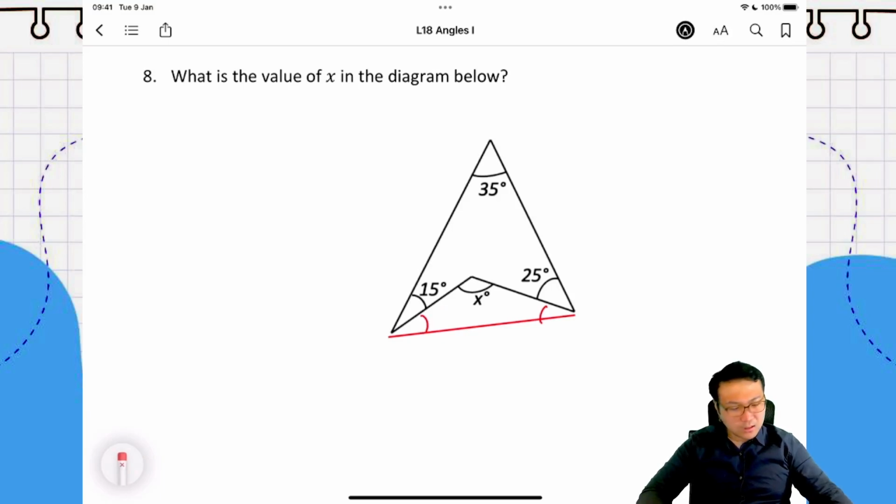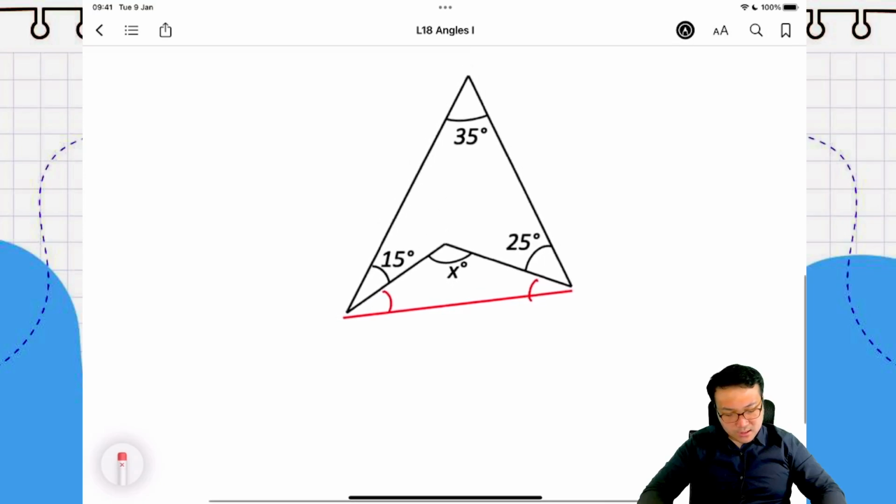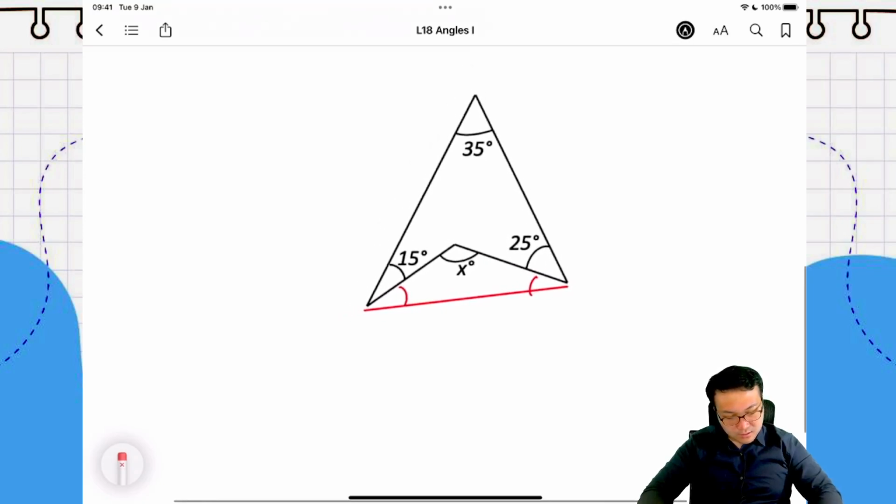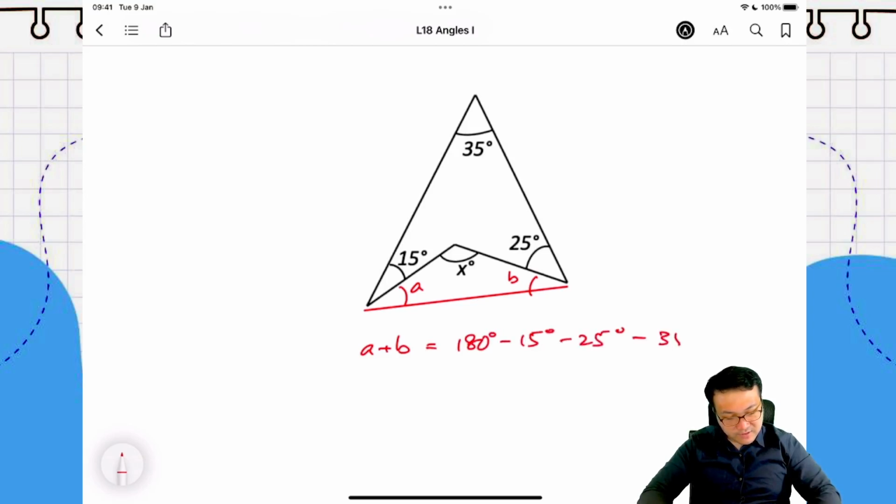So what Kaden did, let's call this A, let's call this B. He actually found the sum of A and B, which equals 180 minus 15 minus 25 minus 35. Now, how did he know this?